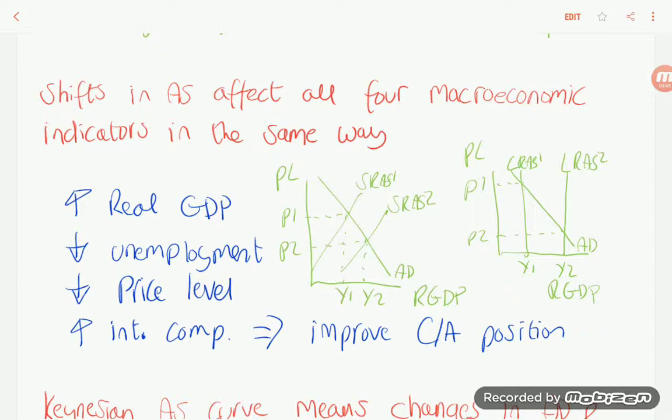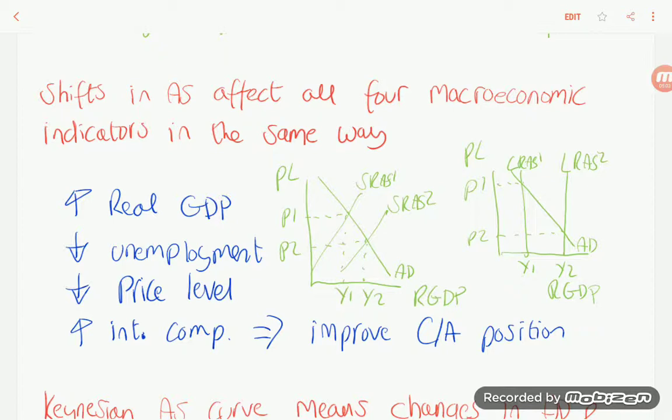This will result in an increase in output, so there's increased economic growth. There will be more jobs, reduced unemployment as well. The price level will tend to fall and the economy will become more competitive internationally, improving the balance of payments.